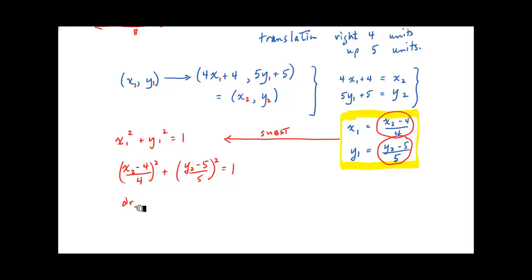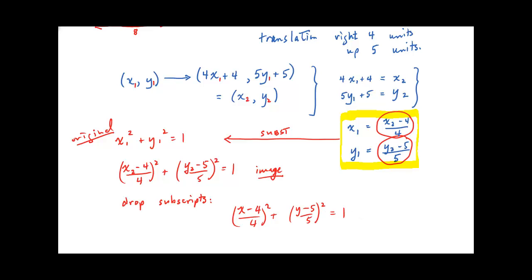If we drop the subscripts, because we don't need them anymore, we know that this is the image, and we know that this one was the original. So we'll drop those subscripts because they just get in the way. Then our equation is ((x minus 4) on 4) squared plus ((y minus 5) on 5) squared equals 1.